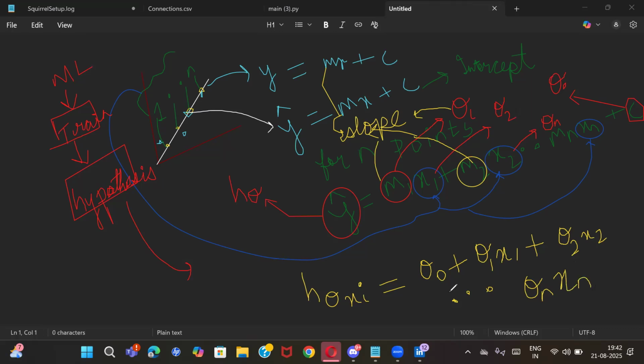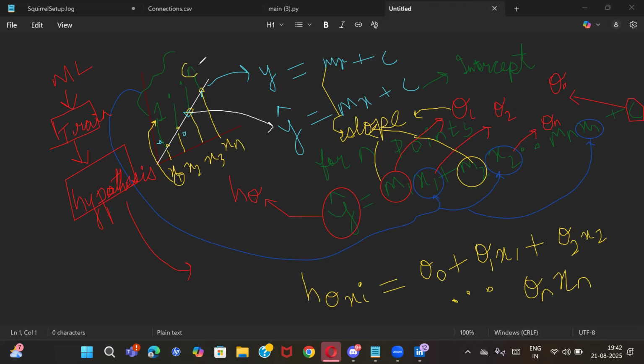And what are these x? These x are nothing but the data points. This x1, x2, x3, and similarly for this it will be my xn, right?